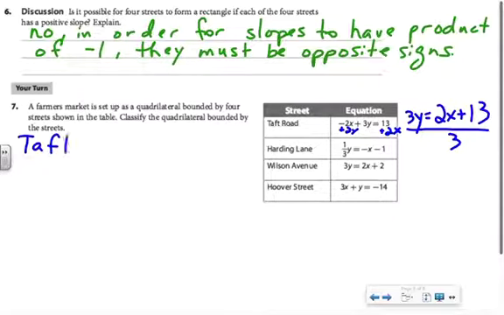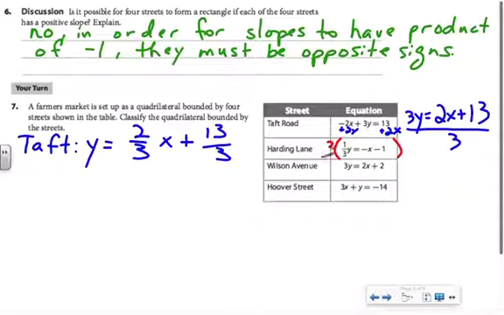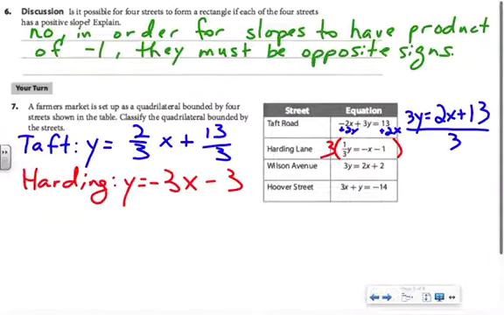And Taft will have the equation y equals 2/3 x plus 13 over 3. In order to get Harding Lane in slope-intercept form, I'm multiplying the whole equation by 3. So Harding will be y equals negative 3x minus 3.